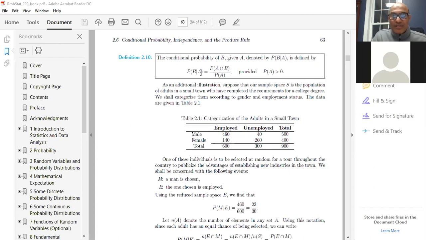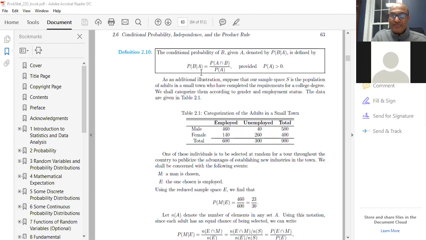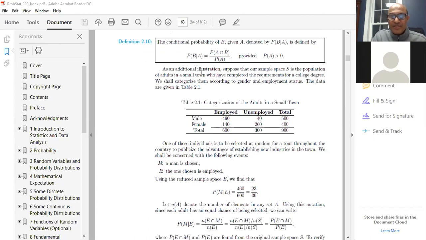Okay. Now, another example is over here. Look at here, guys. The example is, suppose that our sample space S is a population of adults in a small town who have completed the requirements for the college degree.